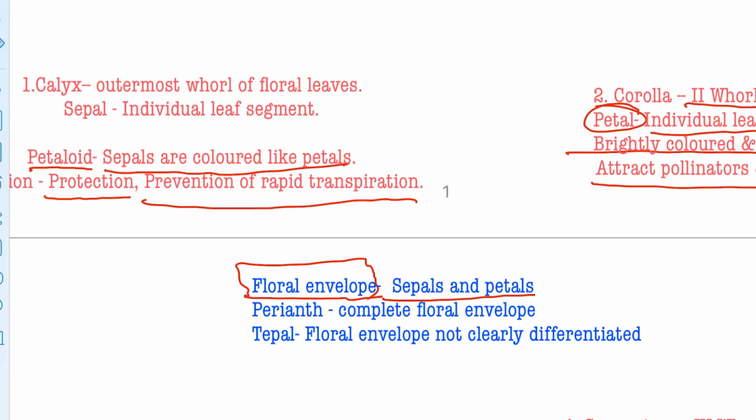If complete floral envelopes are present in a flower, meaning both sepals and petals are present, that condition is known as perianth. The third thing is tepal. What is tepal? When a floral envelope is not clearly differentiated, meaning sepals and petals are not clearly differentiated.